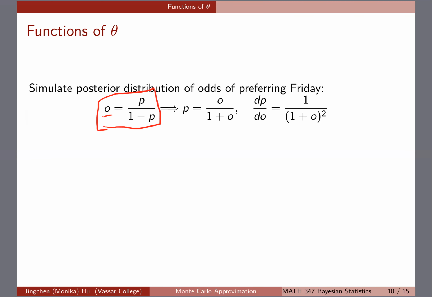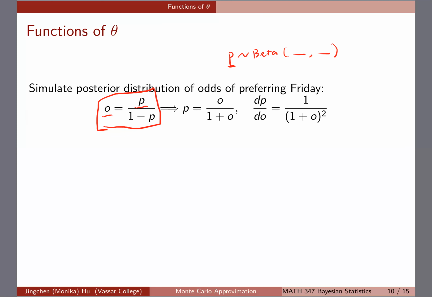So say I know the posterior distribution for P right now, just now we did it, it's going to be some beta distribution. And we know that we can summarize by doing Monte Carlo approximation, generate a large number of draws about P and then make inference about P. But now if I ask you, I want to know about O, which is defined to be P over 1 minus P, then how can I make inference about it?